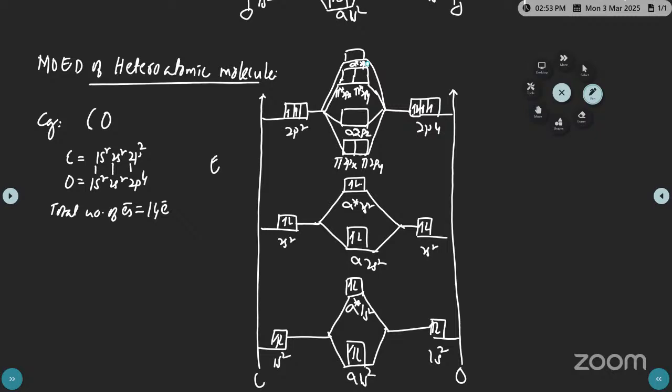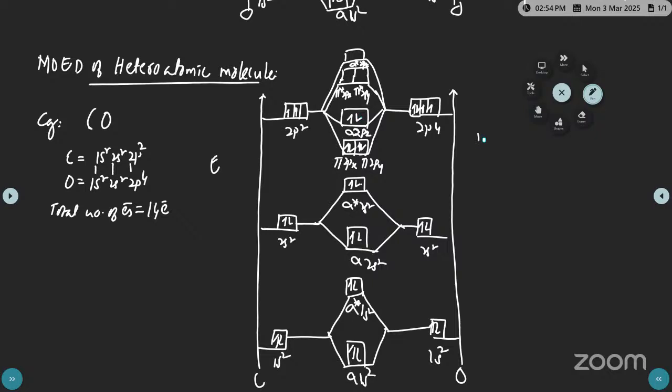How many electrons are present in carbon and oxygen? Here 2 and 4, totally 6. So 1, 2, 3, 4, 5, 6 electrons go into the lower molecular orbitals only.